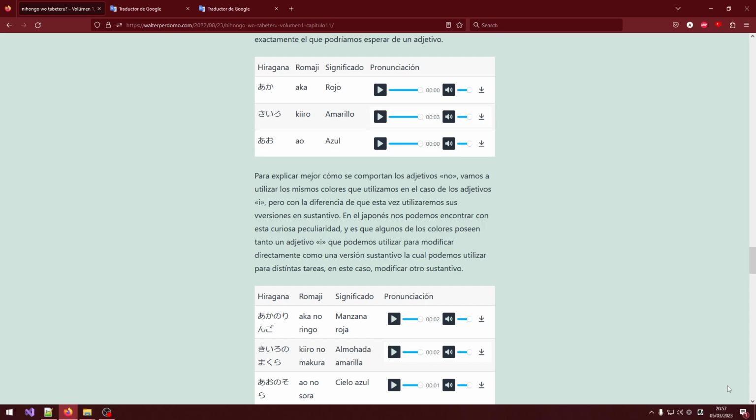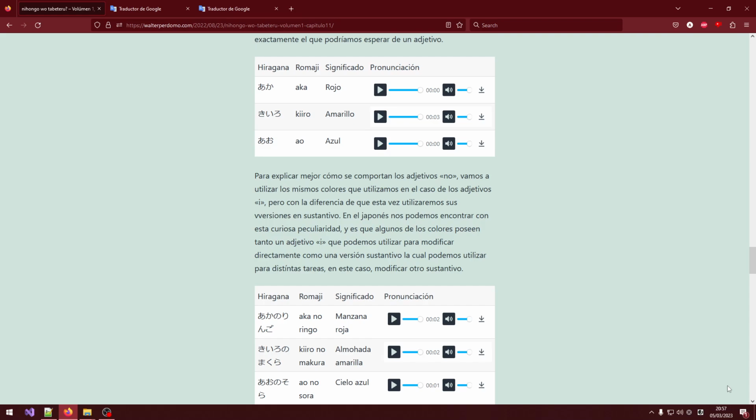But in this case, we are using two nouns, like an adjective and a noun, to obtain another noun. We have ao and sora, ao no sora. This is blue sky, but blue sky by itself is another noun, so we can use this noun to make more complex sentences.